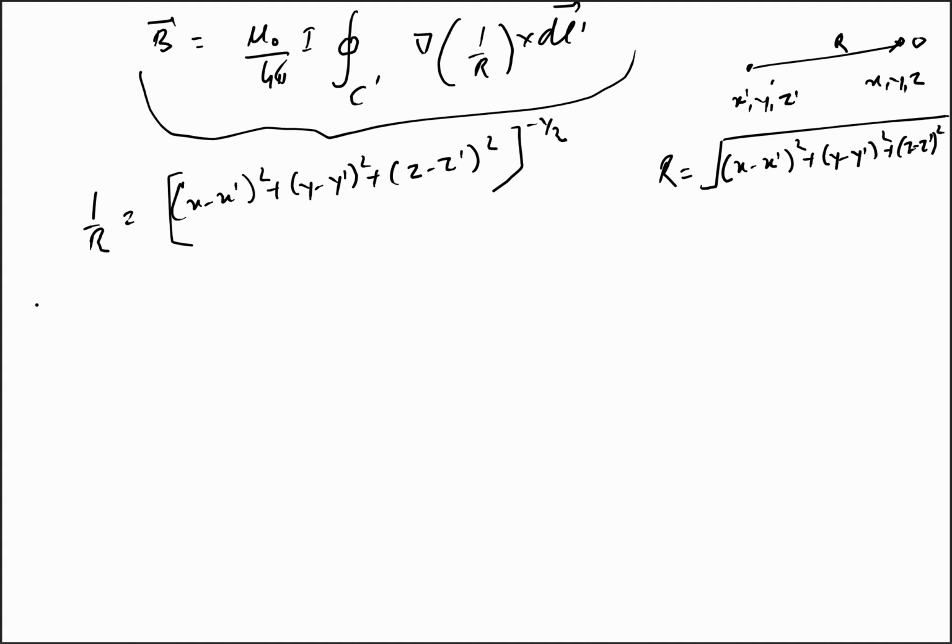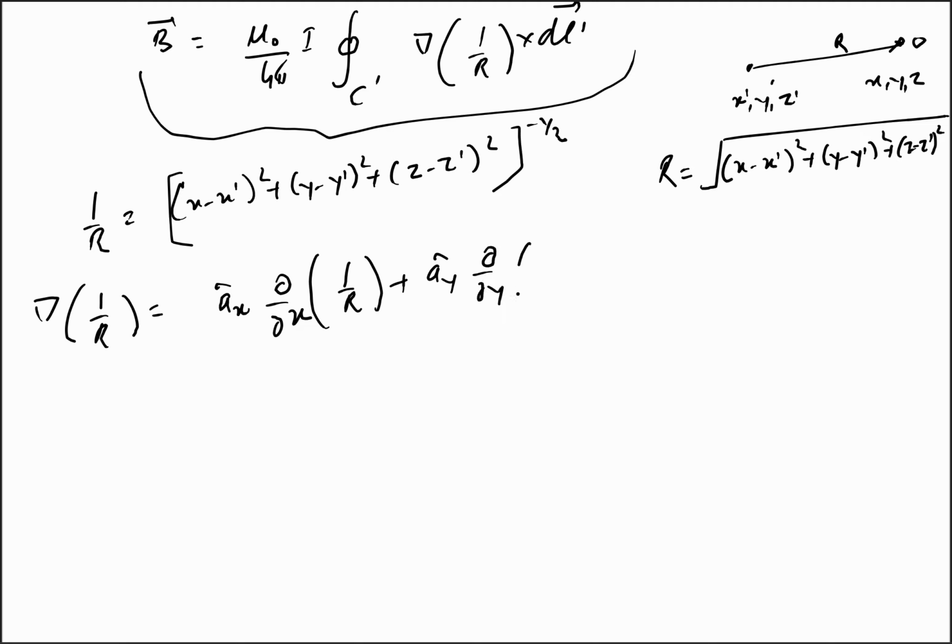So del of 1 by r will be equal to ax dou by dou x of 1 by r plus ay dou by dou y of 1 by r plus az dou by dou z of 1 by r.